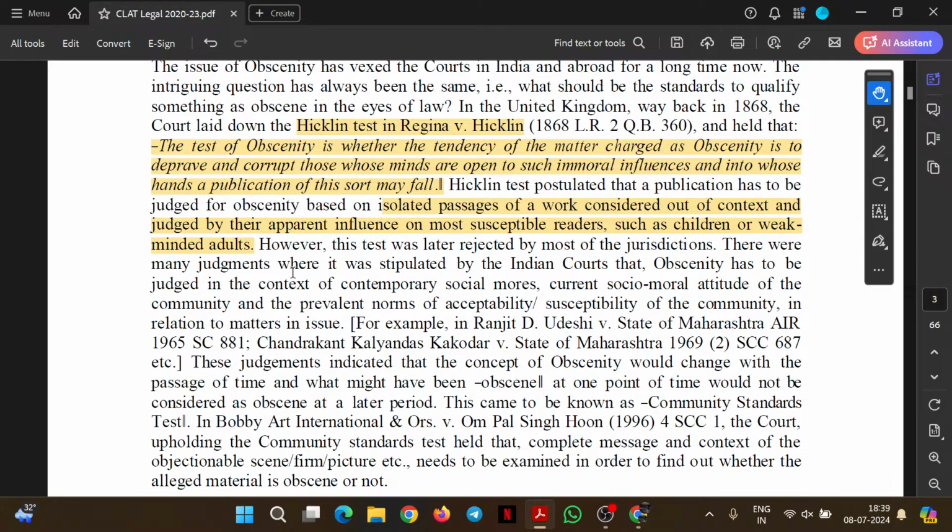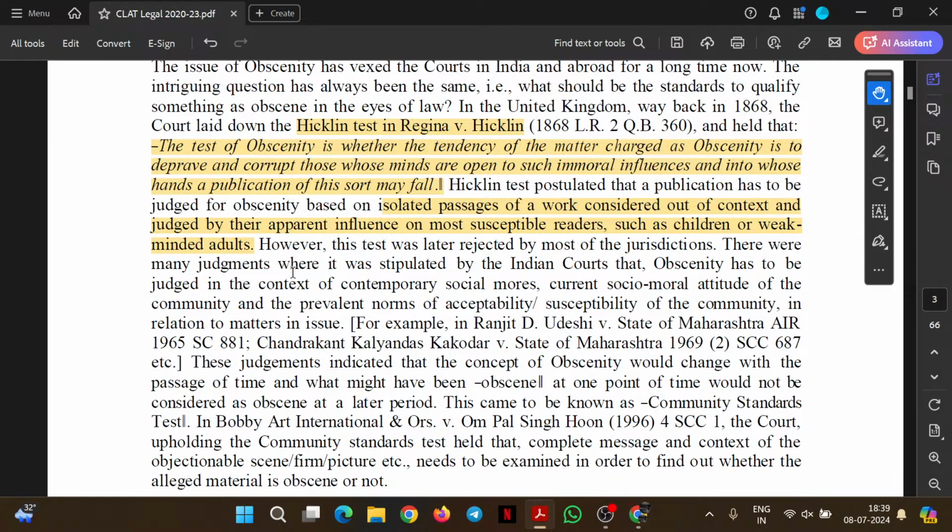What we gather from this particular line is that any material that is published or consumed, that publication of some obscene content, will not be related to the context of the entire publication or the entire movie or the entire post, but considered in an isolated manner.